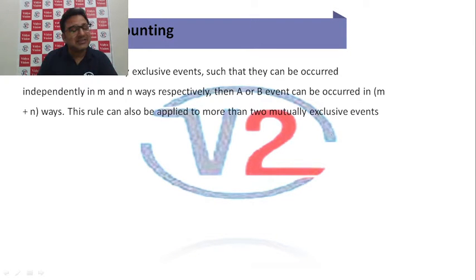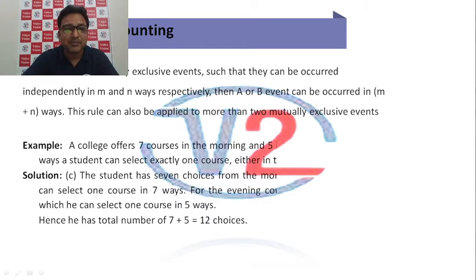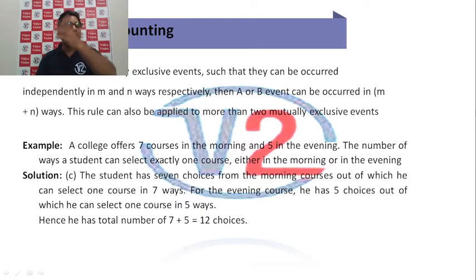Two or more, any number of mutually exclusive events there can be, and we can apply this rule. For example, a college offers 7 courses in the morning and 5 courses in the evening. What is the total number of ways to select one course, either in the morning or in the evening?